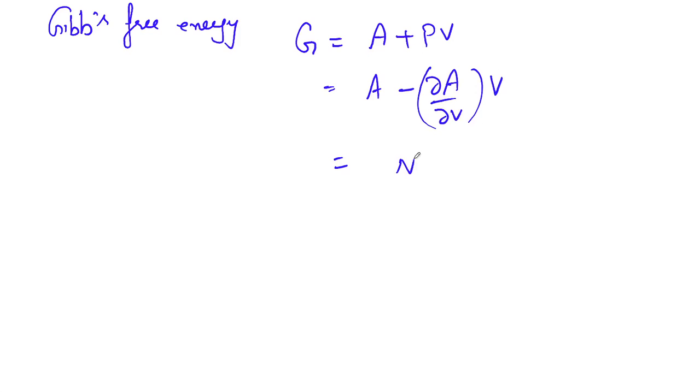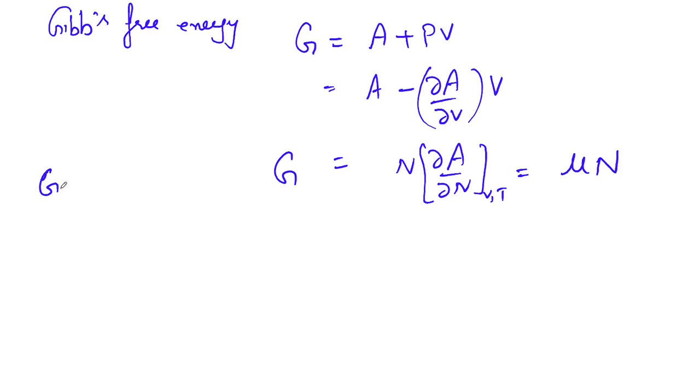So this comes out to be n ∂A/∂n at constant V and T. So this gives the free energy. This is a very important relation.